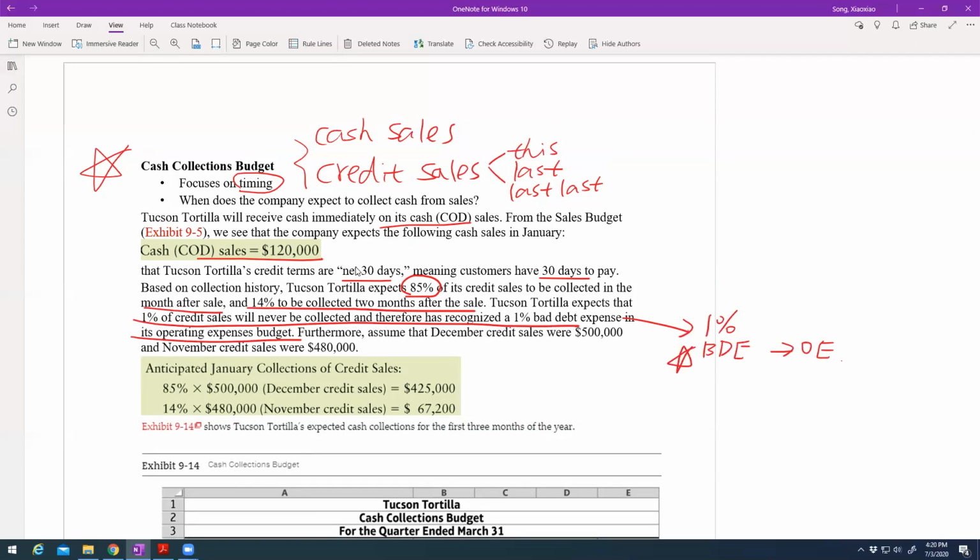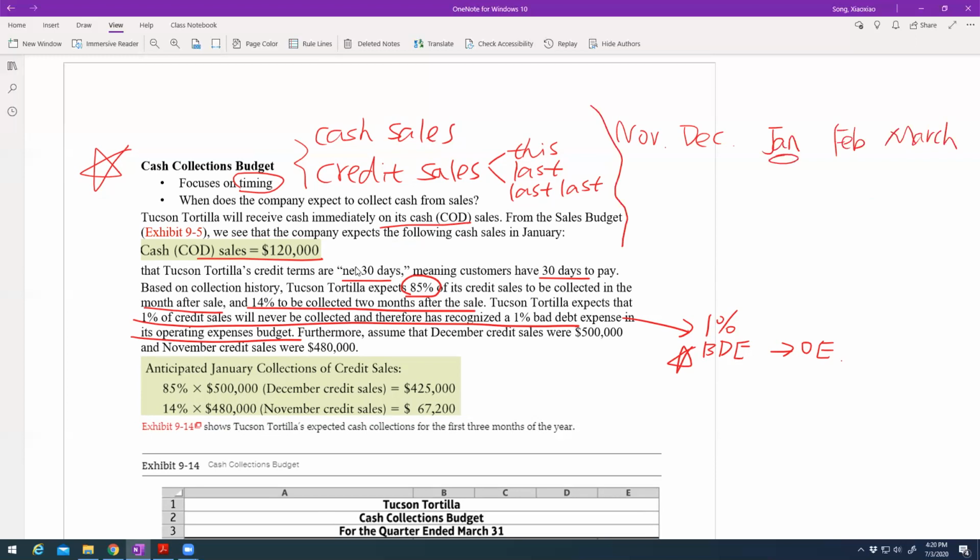Think about this, very important logic. So you have a January, you have February, you have a March, and then you also have a December, you also have a November, right? So you have all these months. When you do cash collection, you always collect the cash from your previous months.